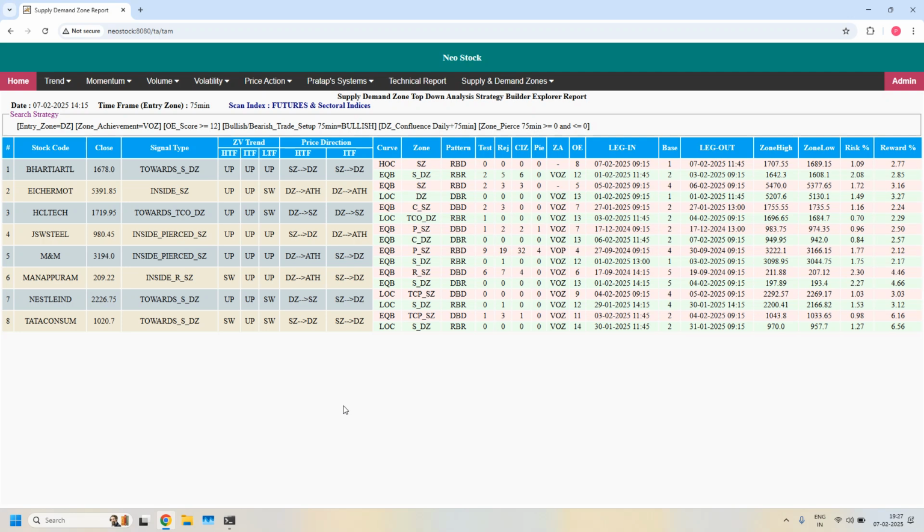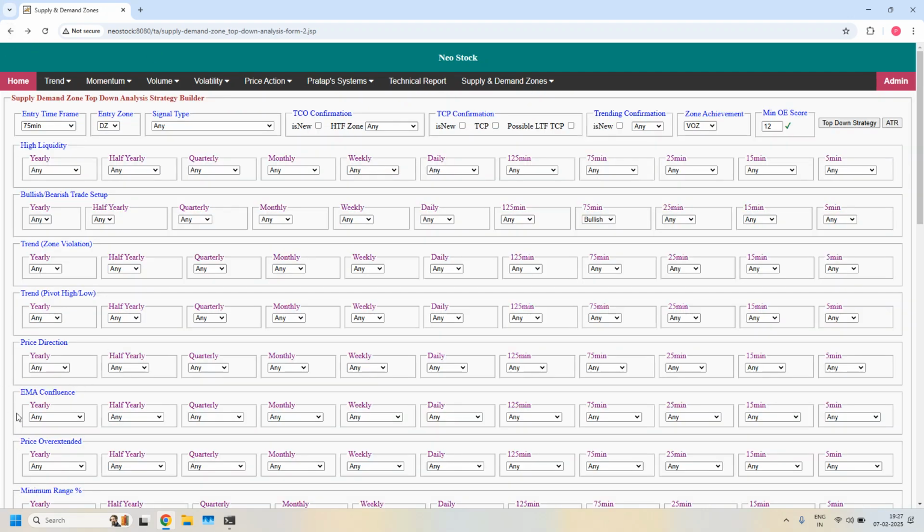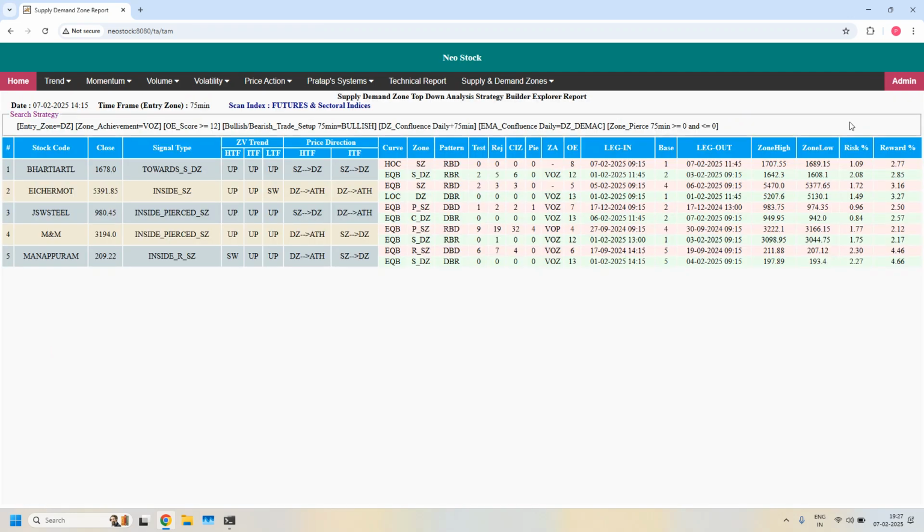If the daily demand zone has daily EMA confluence, then those zones could be even higher probability trade setup supported zones. Let's verify. In the EMA confluence, at daily time frame, daily demand zones having daily EMA confluence, this filter is enabled.